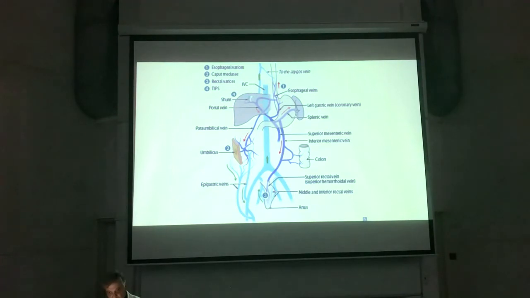But when this pathway is narrowed or blocked, the venous blood will come to the lower end of the esophagus and connect to the systemic circulation and make these varices. In this case, this patient we have just seen has it around the umbilicus, and it is called the caput medusae.